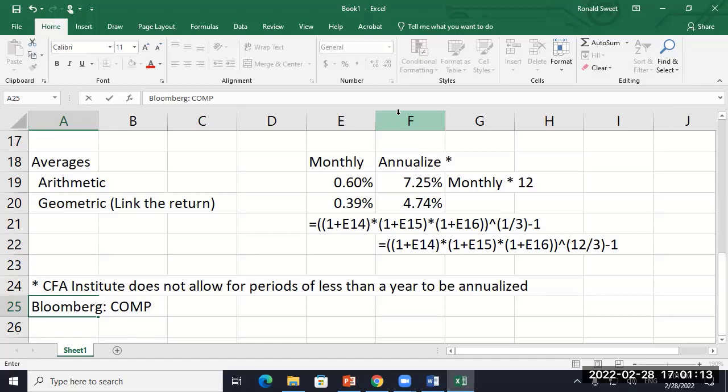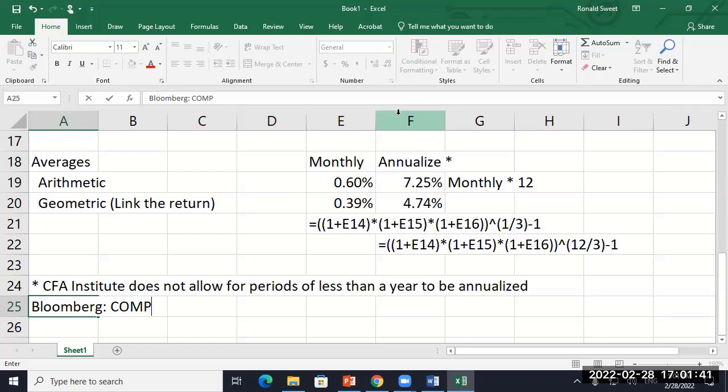They don't have this footnote. But the rules are, if it's less than a year, if it's 11 months, you can't annualize it. If it's 13 months, you can annualize it. If it's 87 months, you can annualize it. But if it's only 3 months, you cannot annualize it. So Bloomberg does annualize shorter periods. We're annualizing shorter periods. I do want you to put that footnote on your exam because I just want to make sure you're aware of that rule.